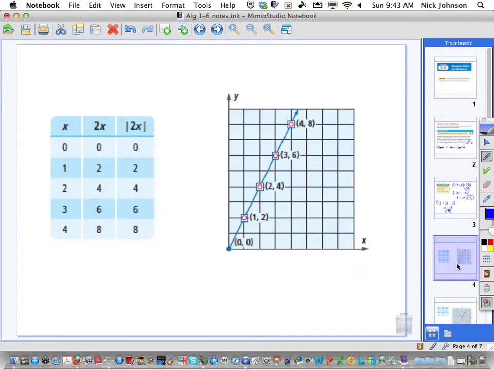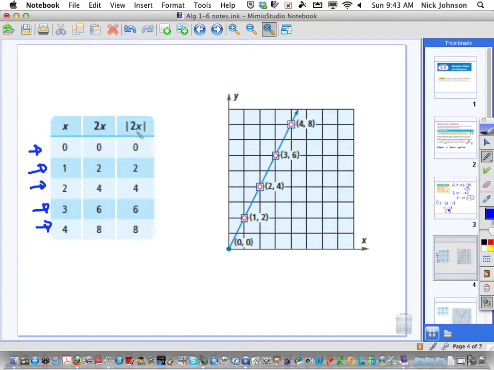When we graph absolute values, if you only put in positive numbers, sometimes your expressions are going to look like they are equivalent. Notice, if I put in 0 for 2x, I get out 0.